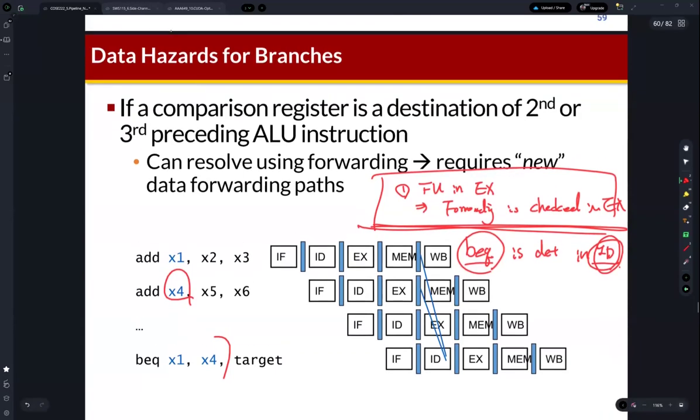So then what's the problem? The problem is that the branch instruction cannot utilize the data forwarding, right? In order to utilize the data forwarding, the branch needs to be determined in the EX stage.